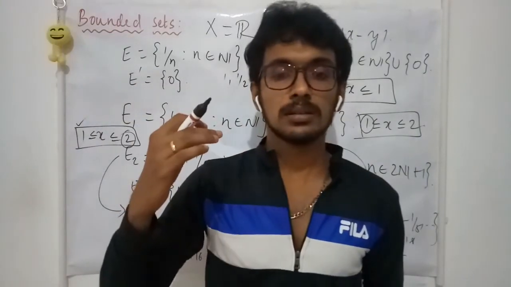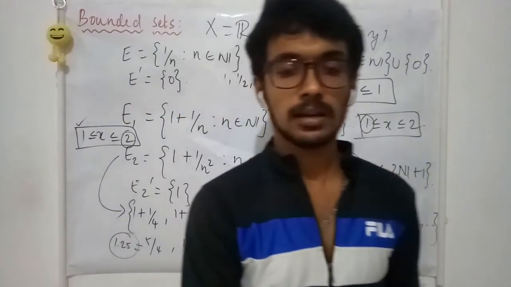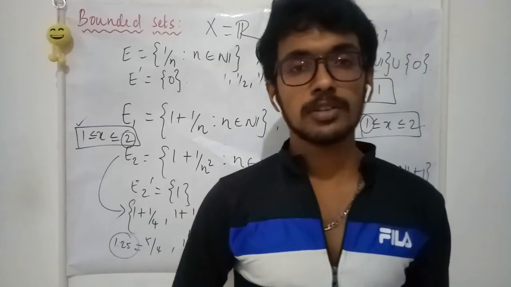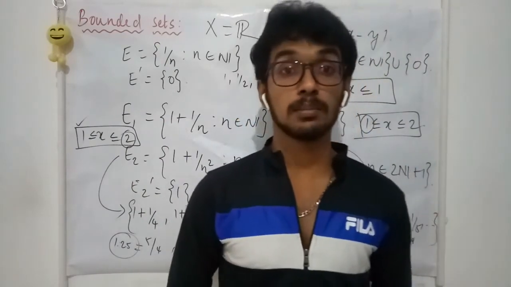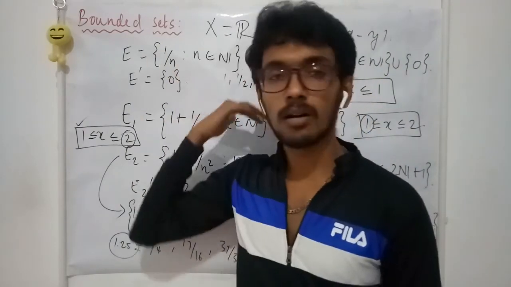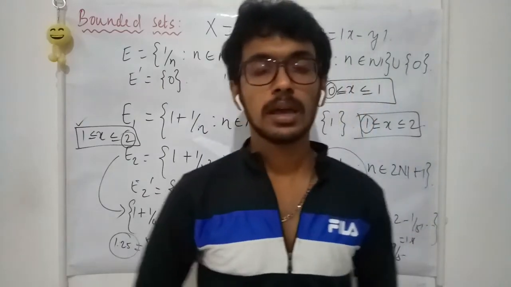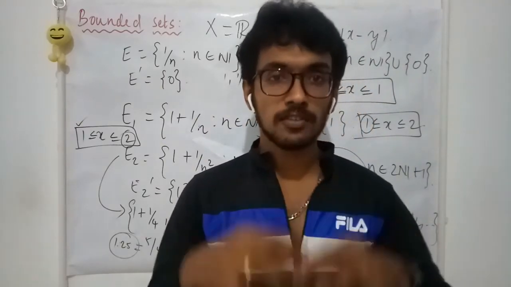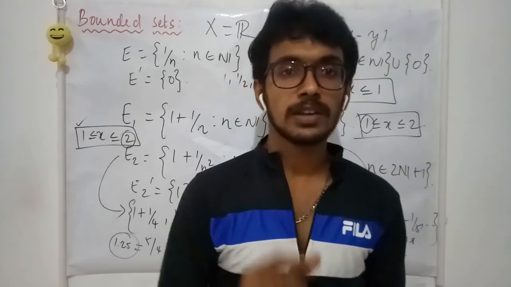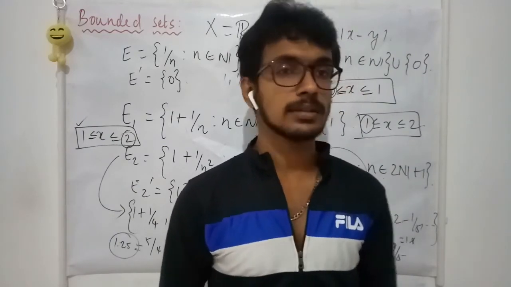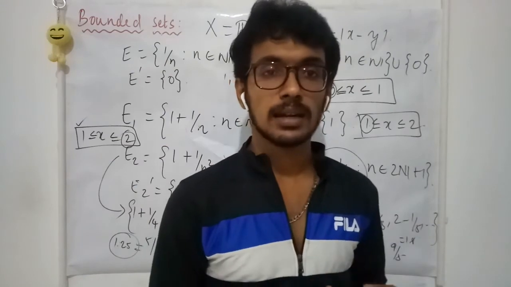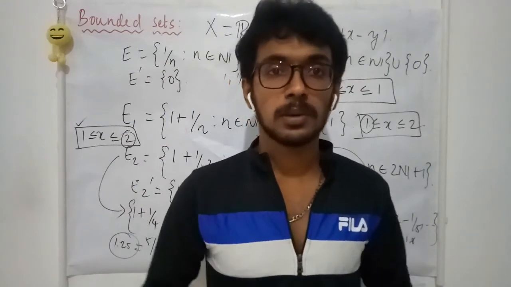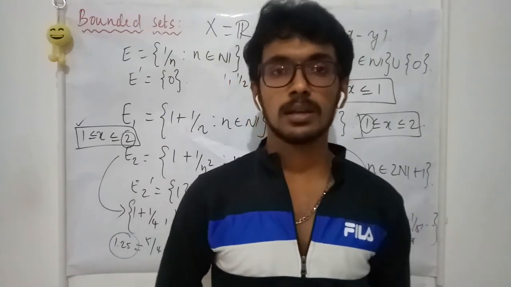So this is an example by which you can construct a bounded infinite set. All these sets are infinite. Okay, this way you can construct a bounded infinite set with a specific number of limit points. If you want to extend this idea to a set consisting of 4 limit points, 5 limit points, or 6 limit points, yes, you can construct.